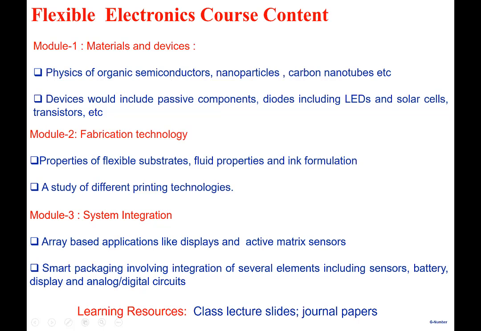That's the other aspect of it, the actual manufacturing aspects. The third aspect is the applications. And the applications which we would concentrate on are basically the first line, array-based applications like displays, artificial skin, and those kinds of applications. So these are the 3 major blocks of this particular course.